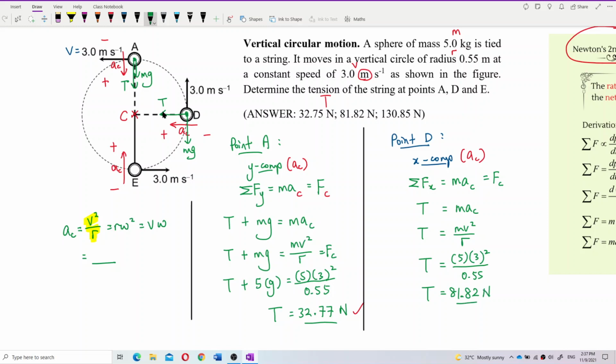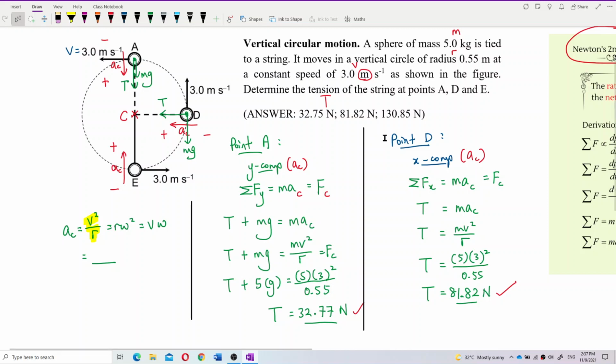Is the answer correct? Yes, that's correct. Very simple, right? 81.82 Newton.